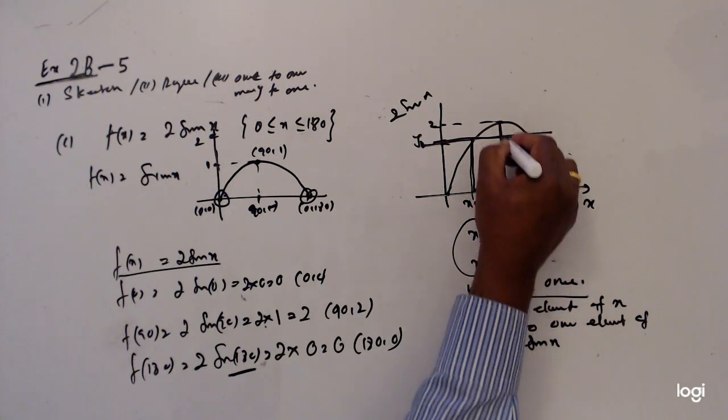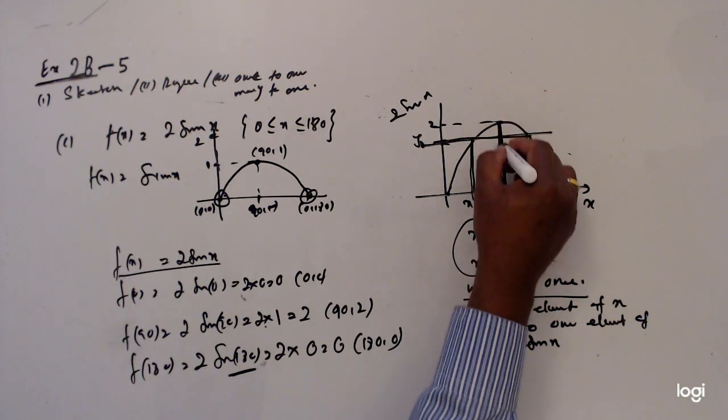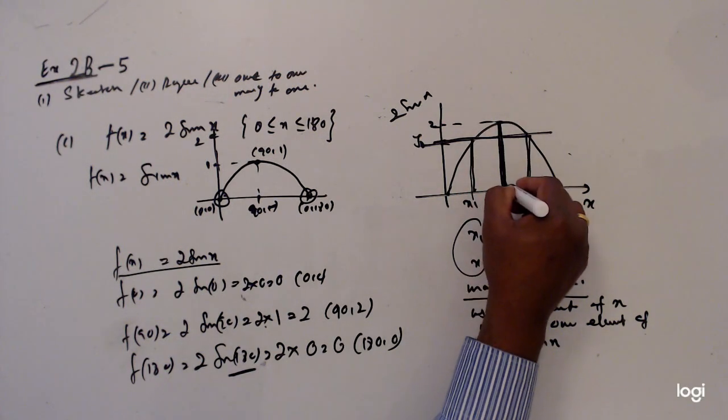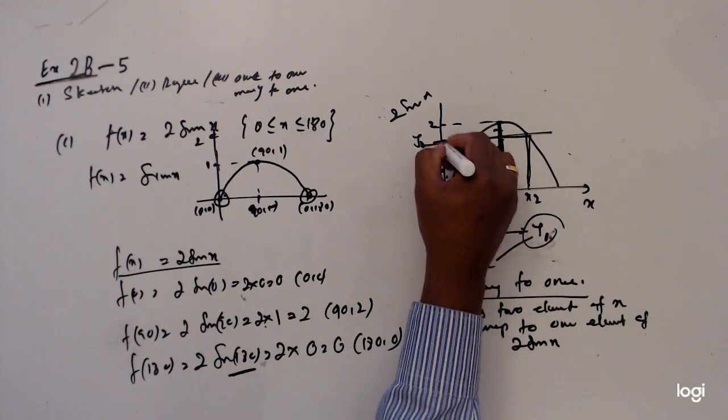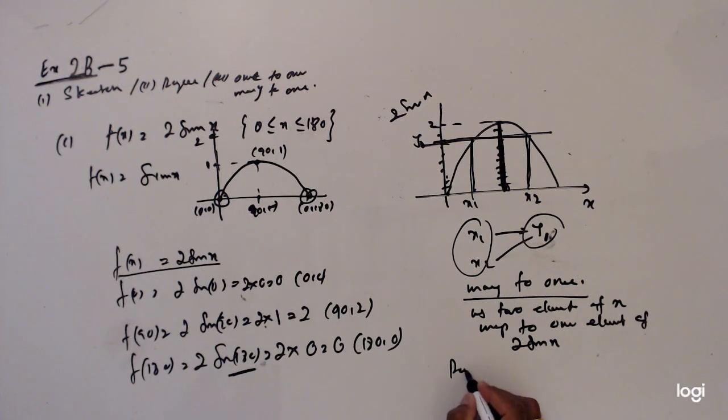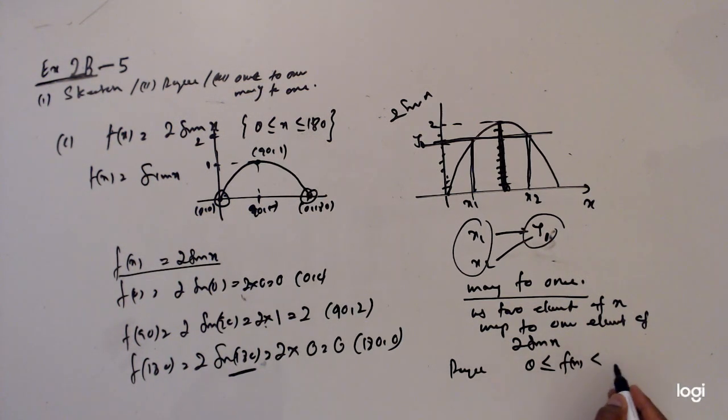So those are the possible y values. Range: any y value between 0 to 2.